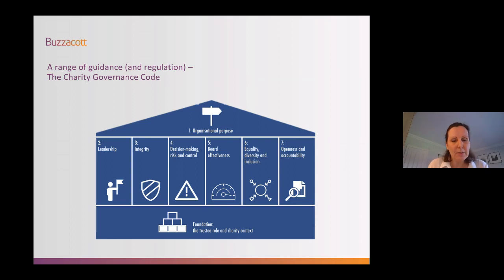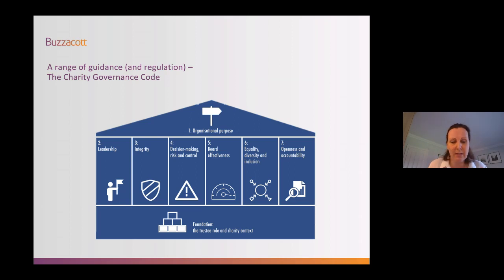And then the fourth element here, decision making, risk and control, is something that comes across really strongly in the Academy Trust Handbook. So this is all around the framework for decision making, monitoring of the work that the trust does, clear delegation and internal control frameworks as well, with reference to risk management, audit and assurance.